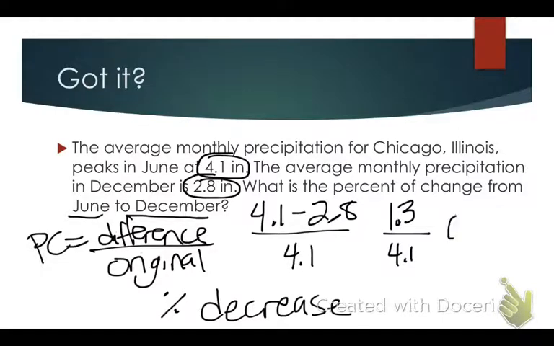Which again gives me that decimal point 31707, and it continues on. Multiply that by 100 to convert it to a percent, and I have a 31.71% decrease. So the amount of precipitation decreased 31.71% from June to December.